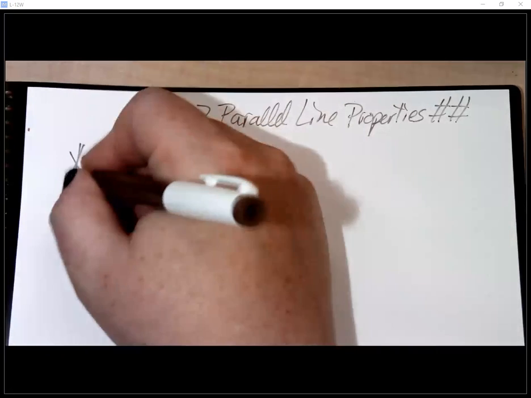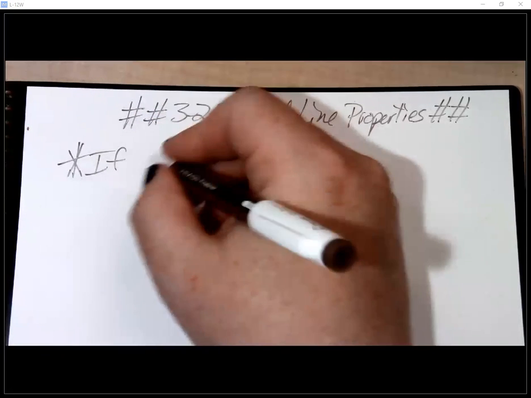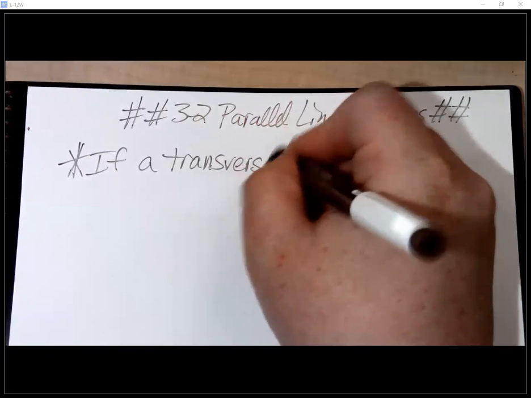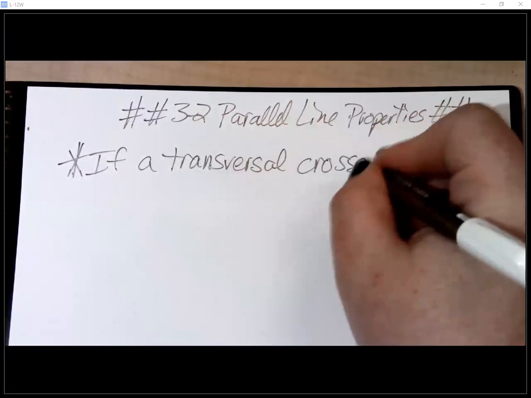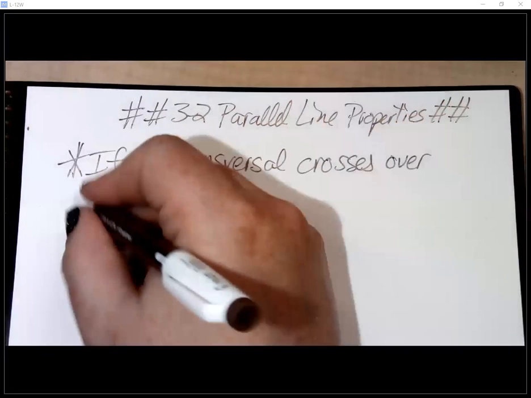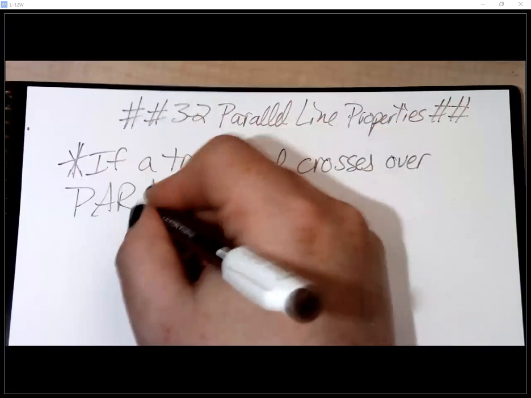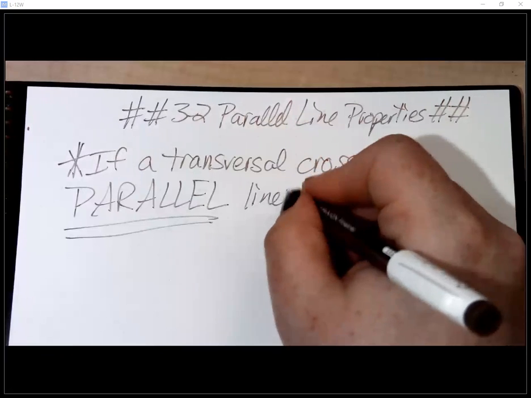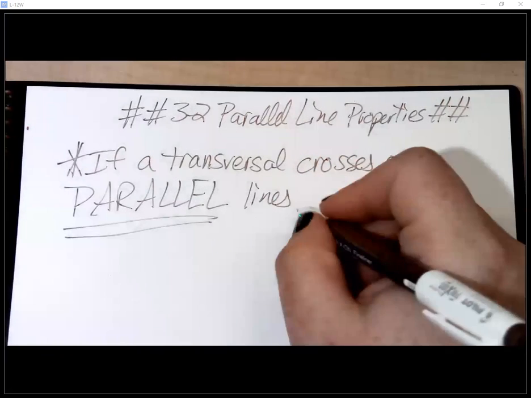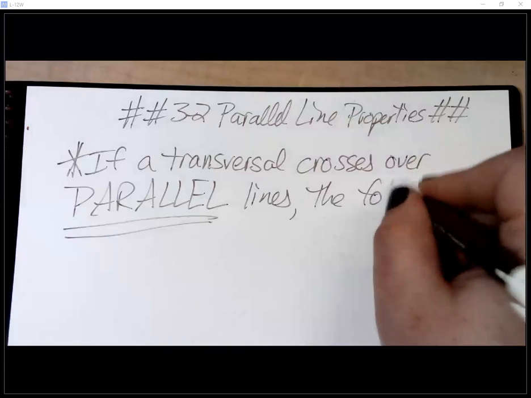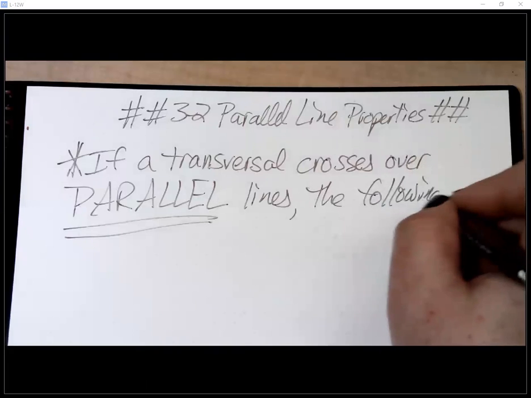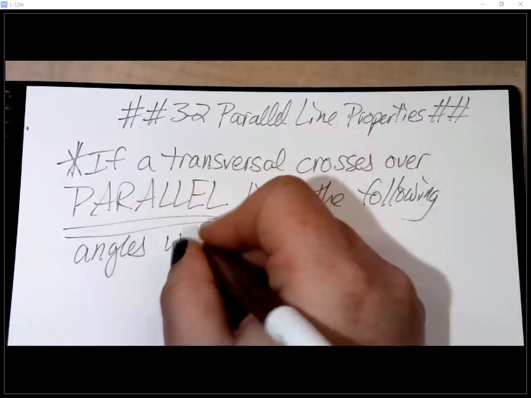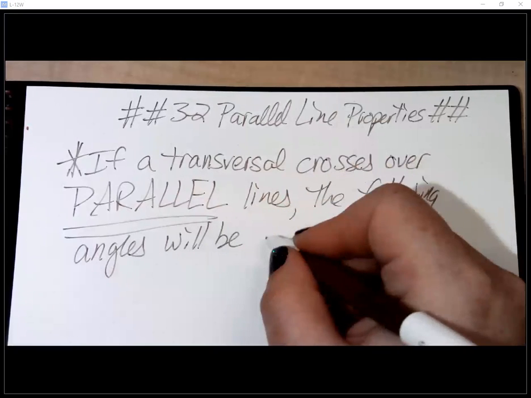If a transversal crosses over parallel lines, the following angles will be congruent. We're going to make a list.